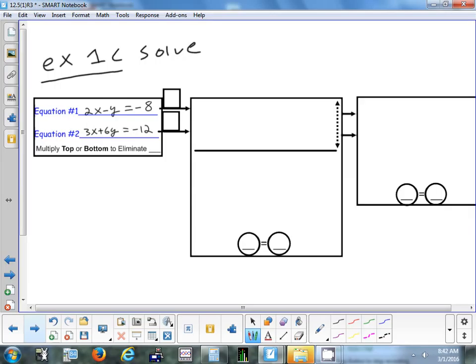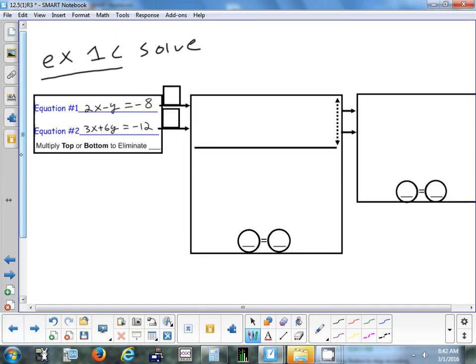All right, let's take a look at this one. Example 1C. Do you have variables here that are the same, like an x and an x or a y and a y? Or do they have different numbers in front of them this time? They have different numbers in front.